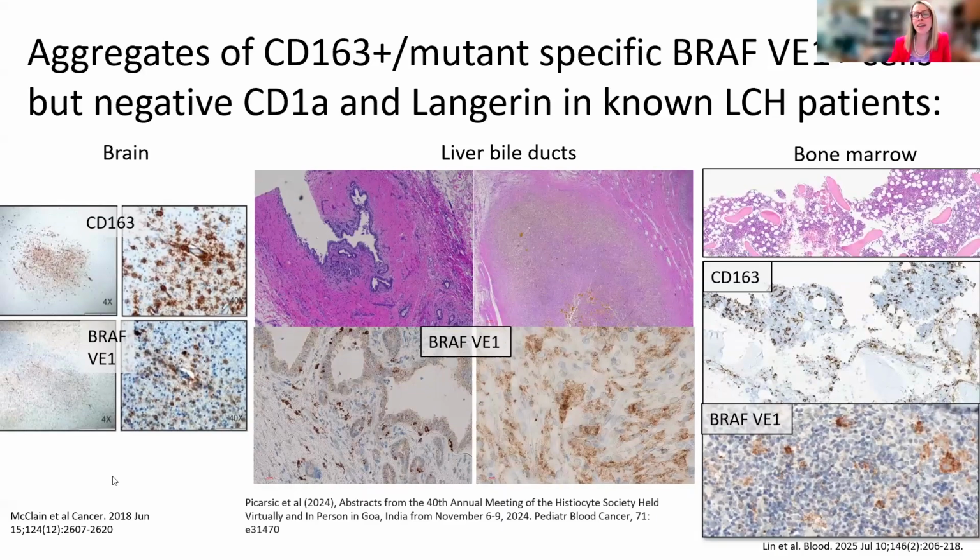We've seen these aggregates in neurodegenerative brain lesions at autopsy. We've seen this now at explant, with kids having LCH within the liver bile ducts, especially when it accumulates and causes obstructive changes in the bile ducts with the CD163 VE1 positive cells. Also in the bone marrow of kids that even clinically seem to be cured, but still have this mutant population.